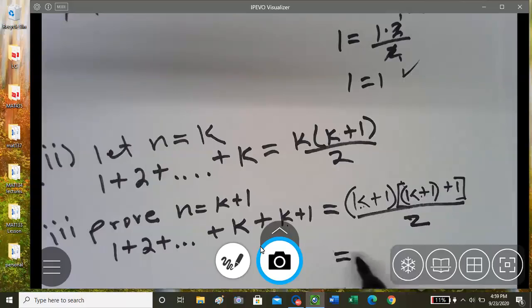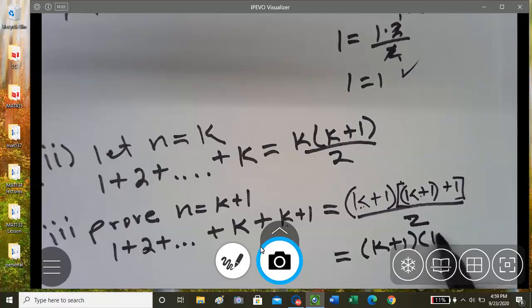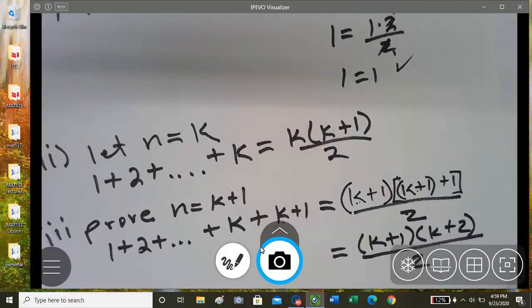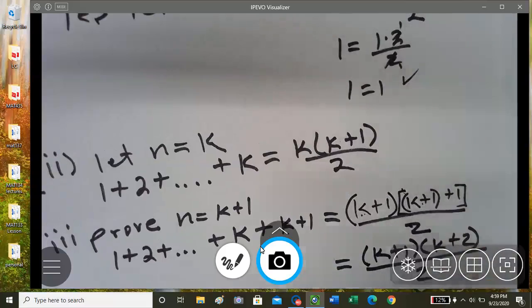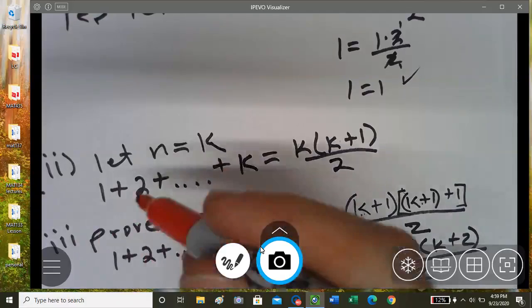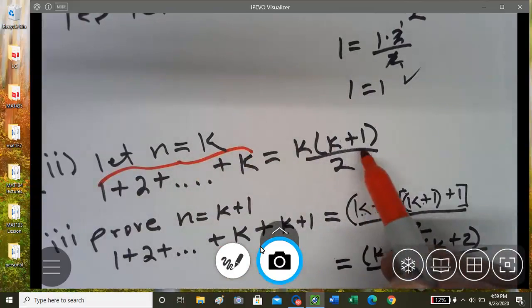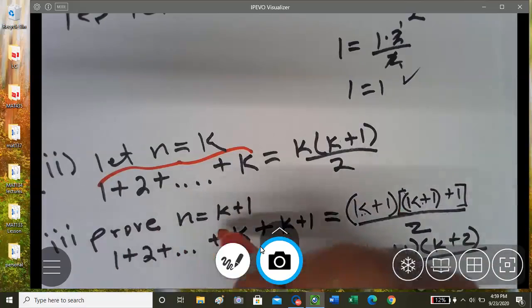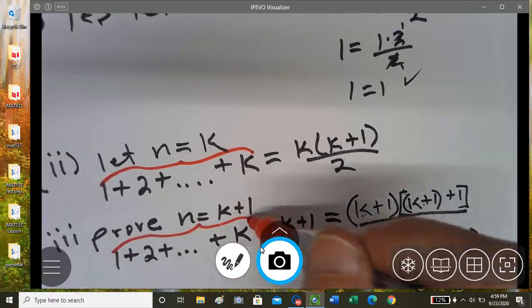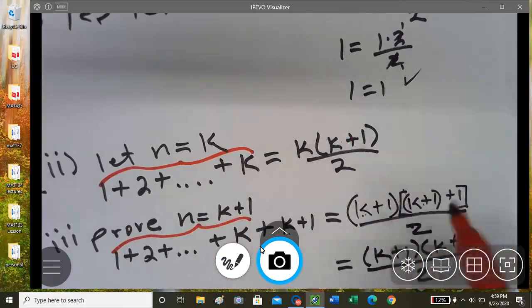So that's going to equal k plus 1, and then k plus 1 will be k plus 2 over 2. Okay, so because this 1 plus 2 plus k is equal to k times k plus 1, we can replace this 1 plus 2 plus k with k times k plus 1.